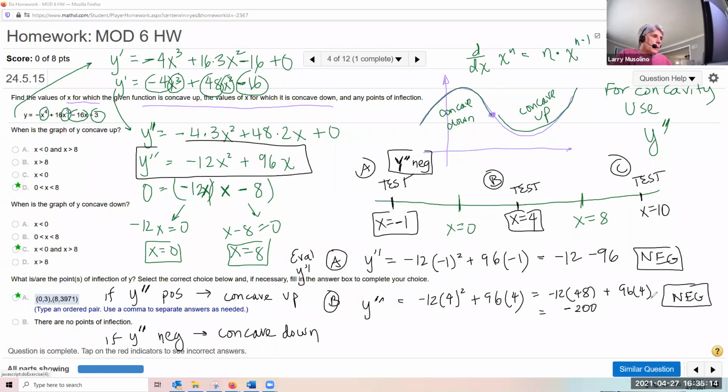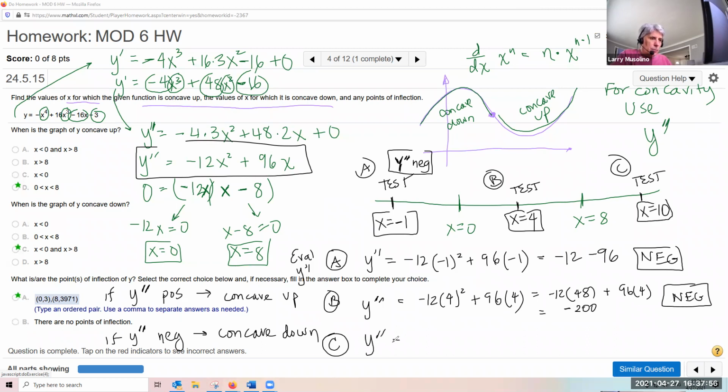All right, and let's do the third interval. The third interval is when x equals 10. So let's do interval C, that's for x equal 10.